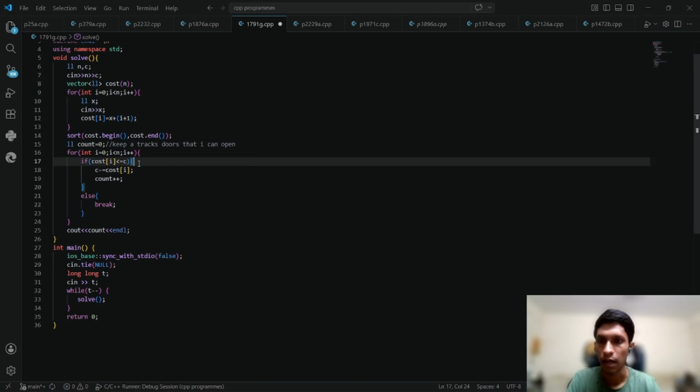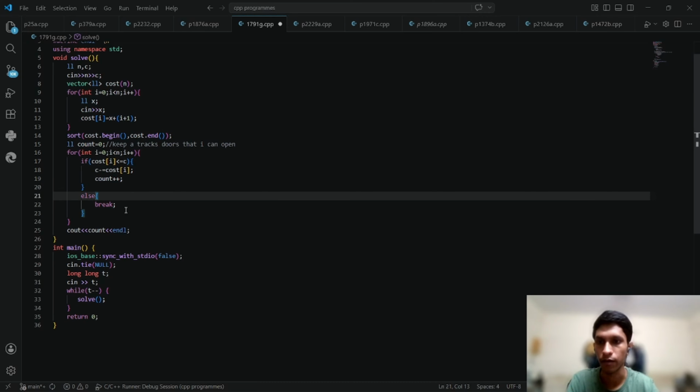Inside this loop, I've written a condition: as long as the cost is smaller than or equal to the coins we currently have, we are good to go and open that door.